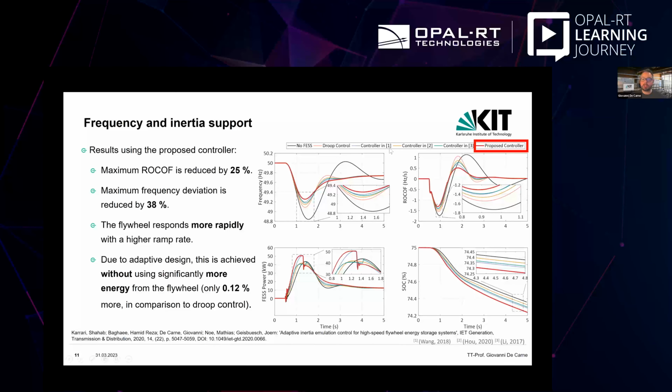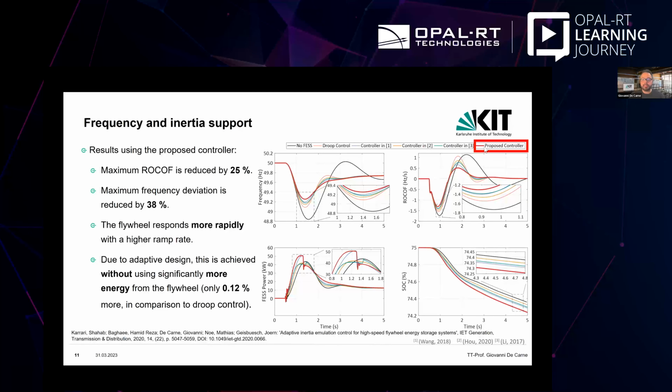You see here the controllers in papers 1, 2, and 3, which are our benchmark that we are competing against. We cannot just prove it against the classical droop control, which would be too simplistic a case, but we tested our algorithm in comparison with other strategies already existing in the literature.